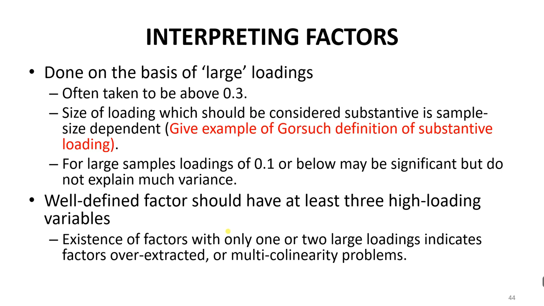So Gorsuch also suggests that suppose you have decided to retain six factors and you examine that after factor 4, factor 5 is having significant loading on only two variables, and then on factor 6 three variables are having significant loading, then these factors 5 and 6 are trivial factors. It is better to retain only four factors. So at least three variables should load on a factor to be interpretable.